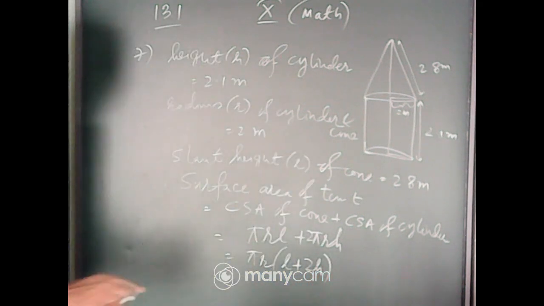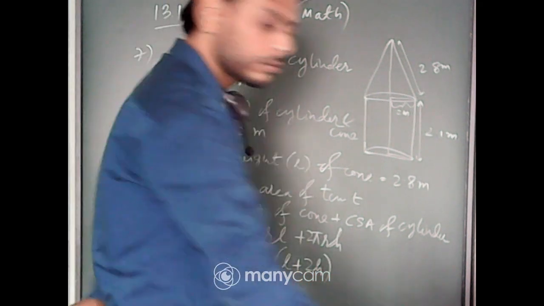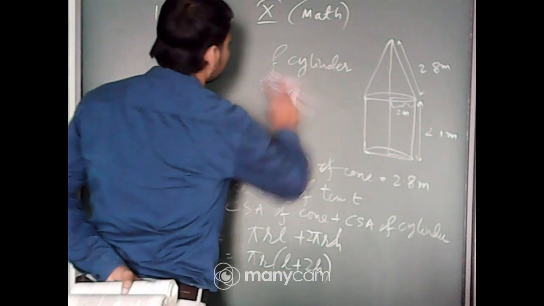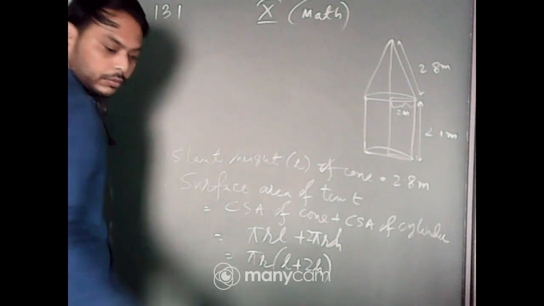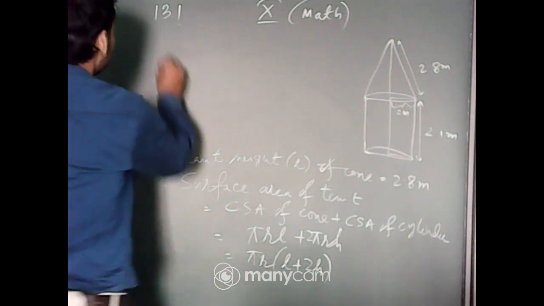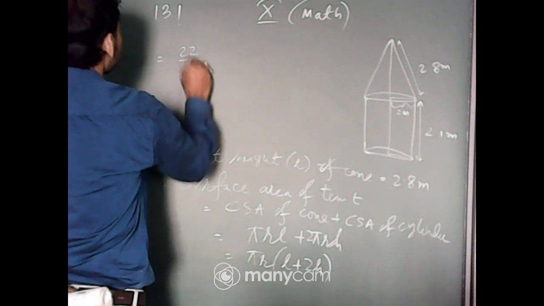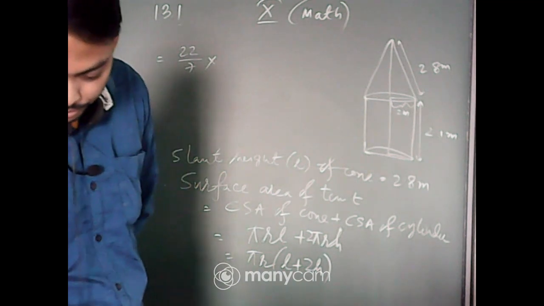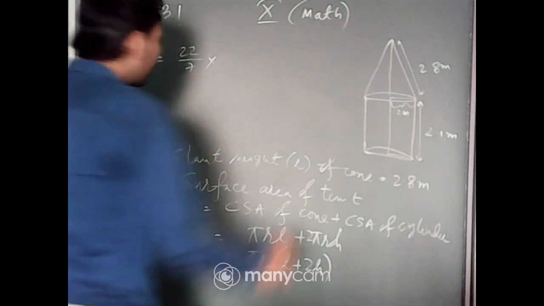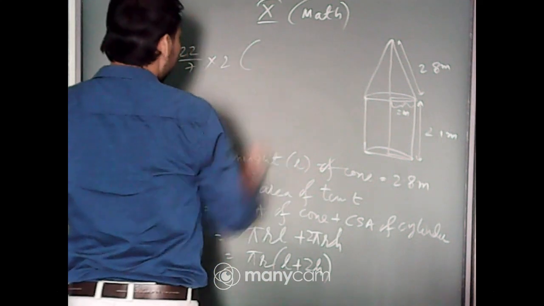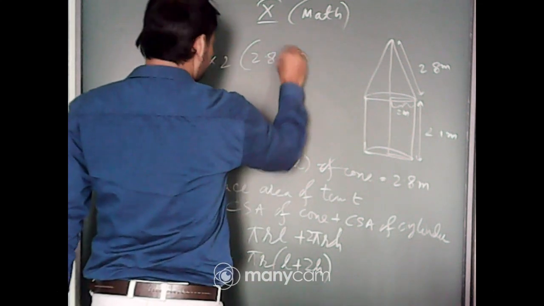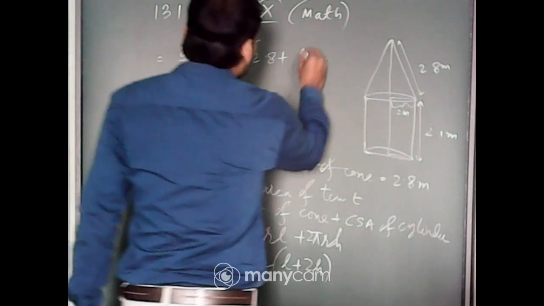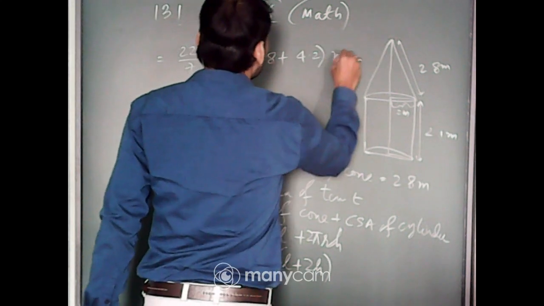Now put the values here. That means 22 by 7 into R, which is 2, then in the bracket L, which is 2.8, plus 2H, which is 4.2 meters.